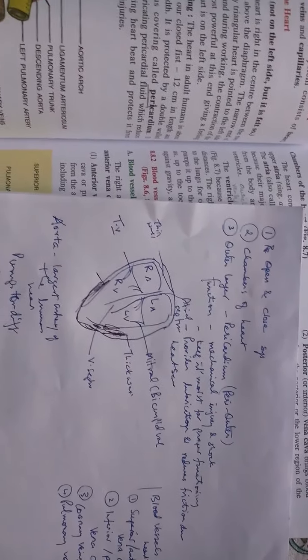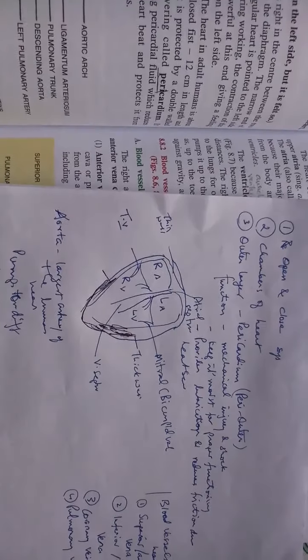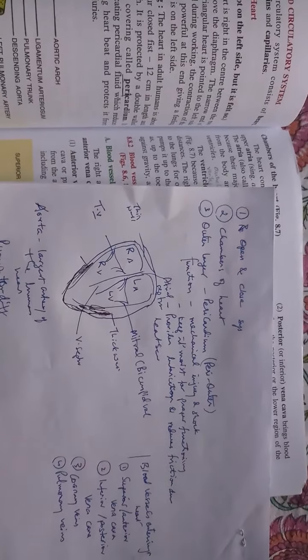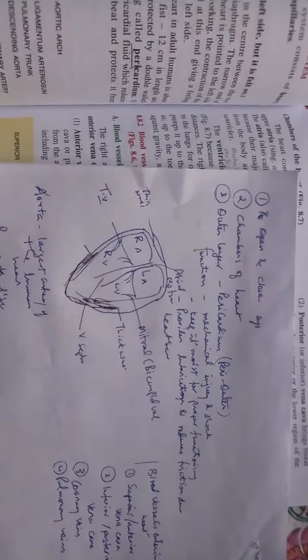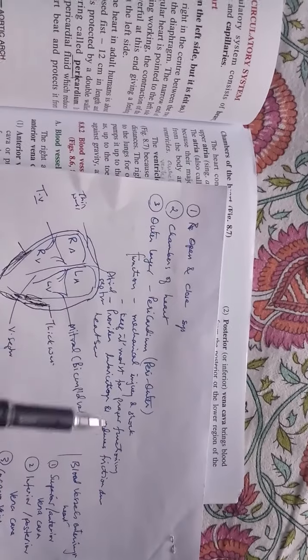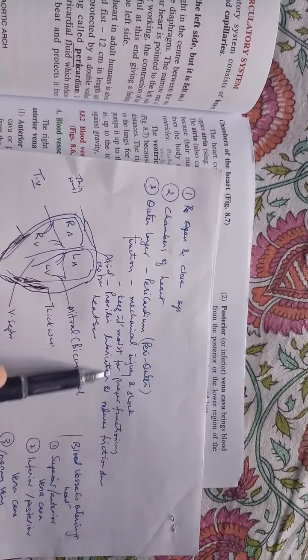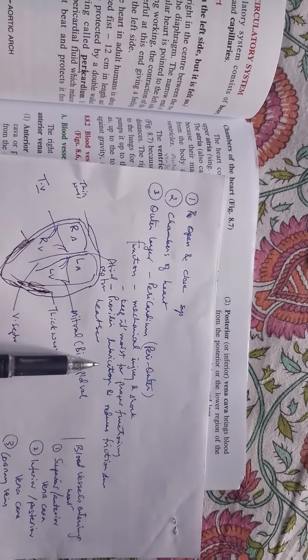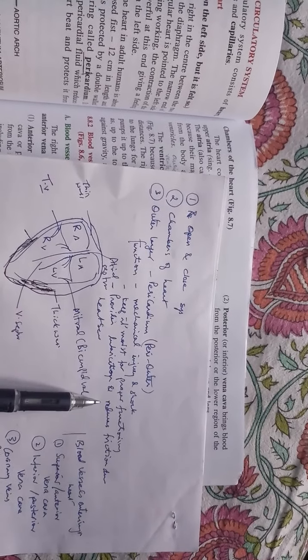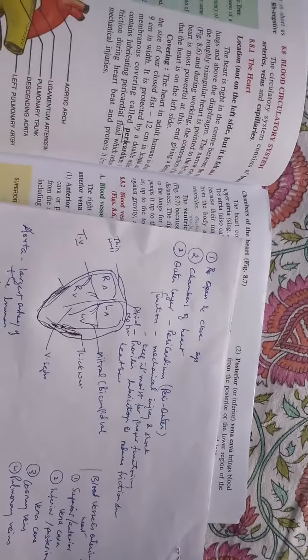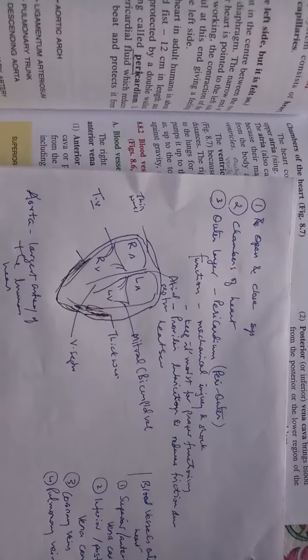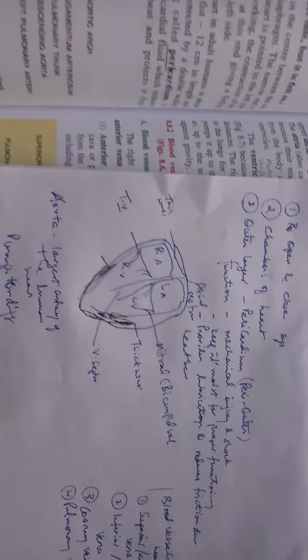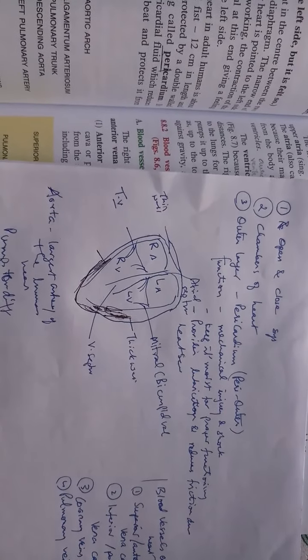So the pericardium has a function to protect the heart, and this fluid keeps the heart moist for proper functioning, right? It provides lubrication and reduces the friction during the heartbeats when the heart functions. So this is very important, pericardium and pericardial fluid, right?